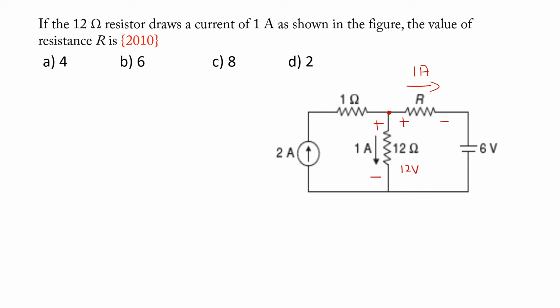So if you apply KVL to this particular loop, we can get the value of the resistance R. So we will apply KVL to this loop.